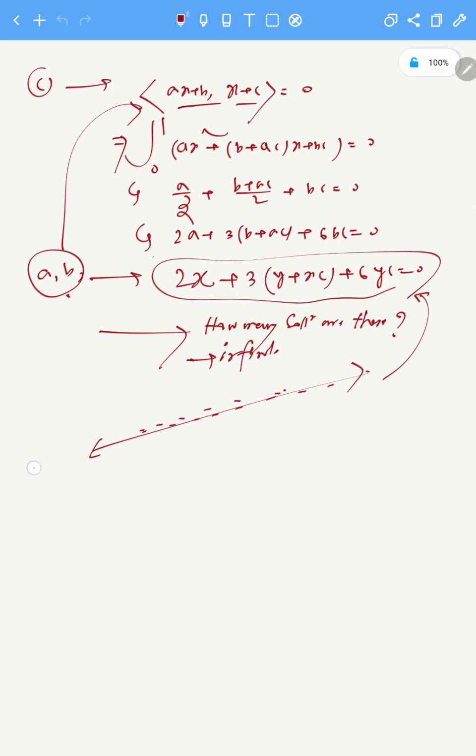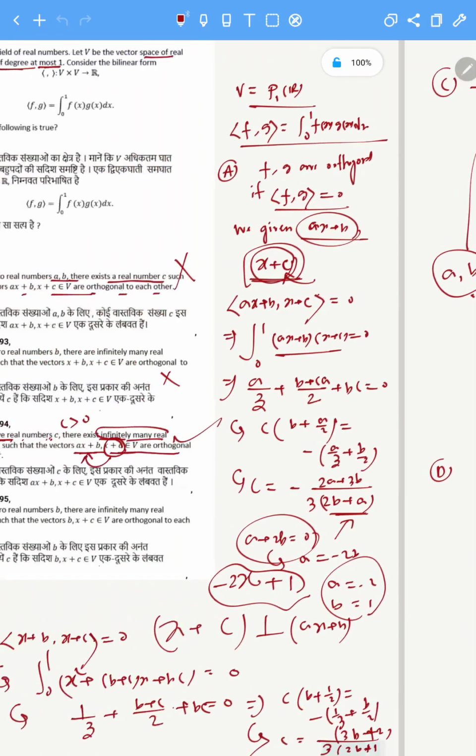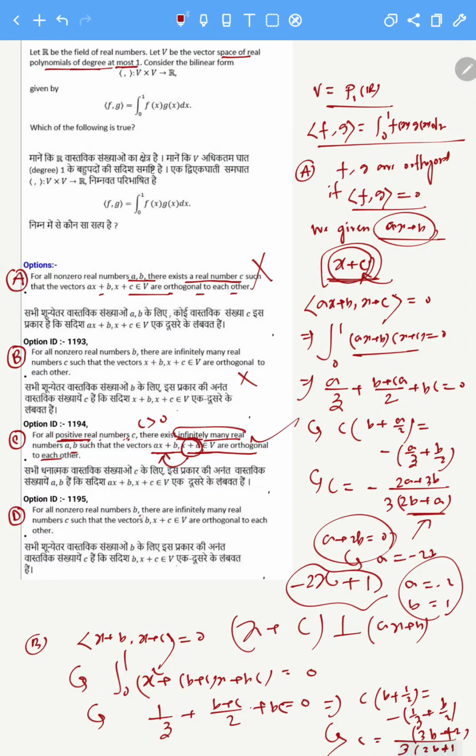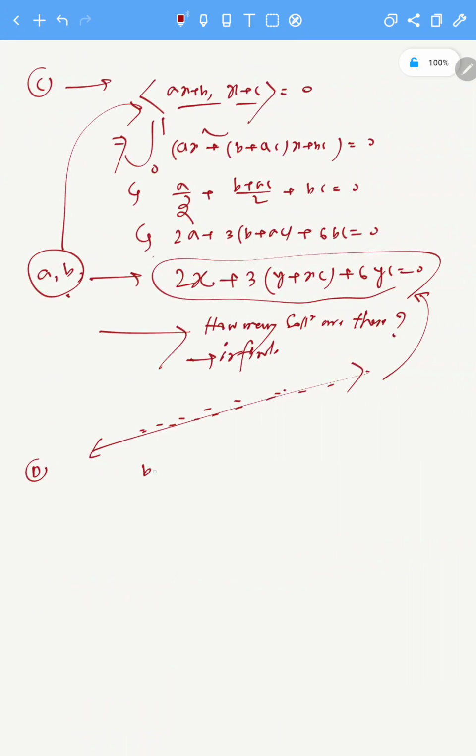The last one is saying: for every non-zero real number b, there are infinitely many real numbers c such that b and x plus c are orthogonal to each other, where b is non-zero.